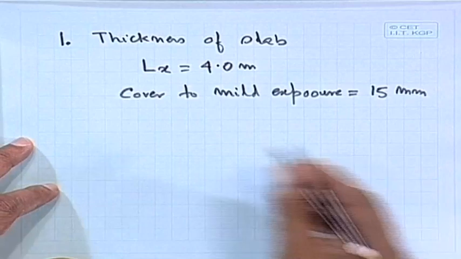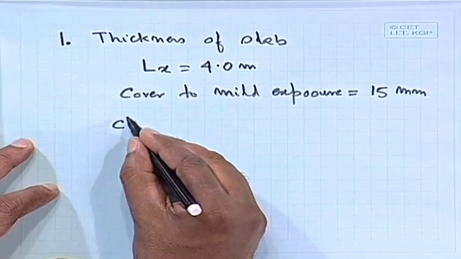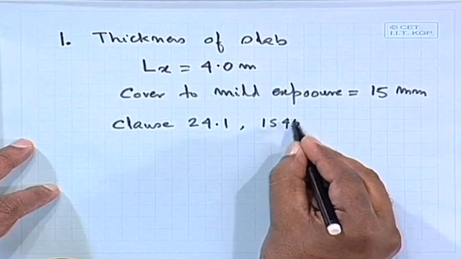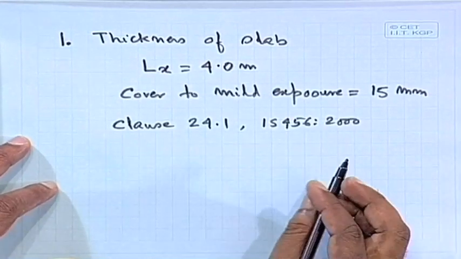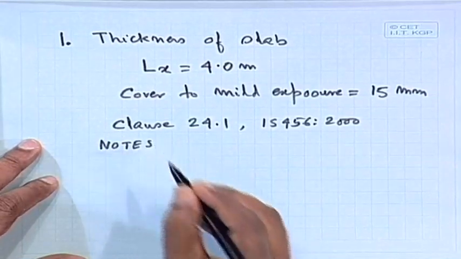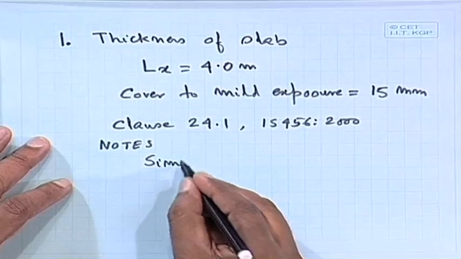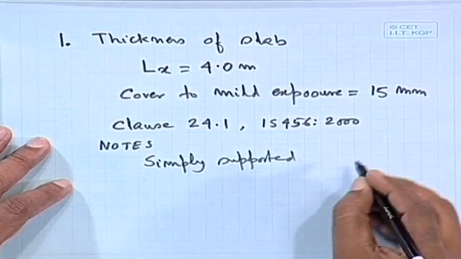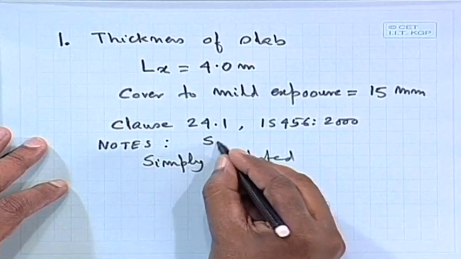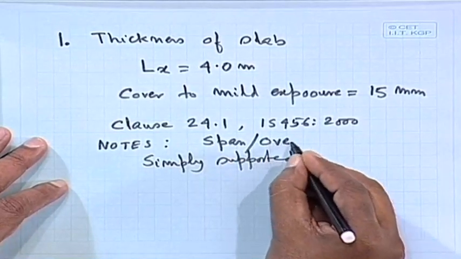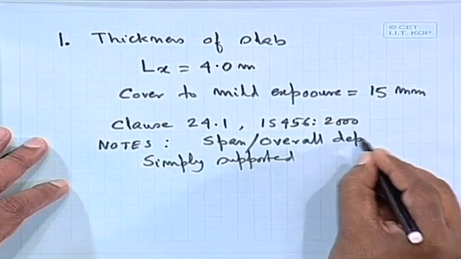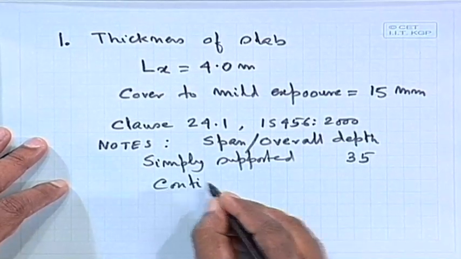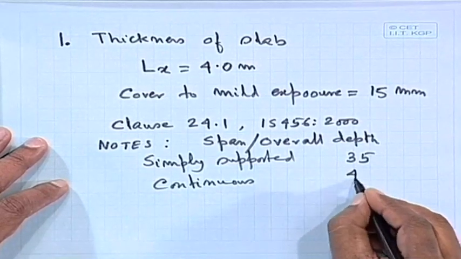Now, we can find in clause 24.1 of IS 456, there is a note where it states that, for span by overall depth, please note that it is written as overall depth, for the simply supported case it is 35, for continuous it is 40.